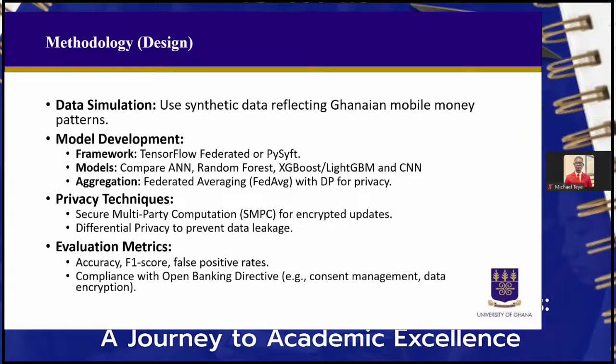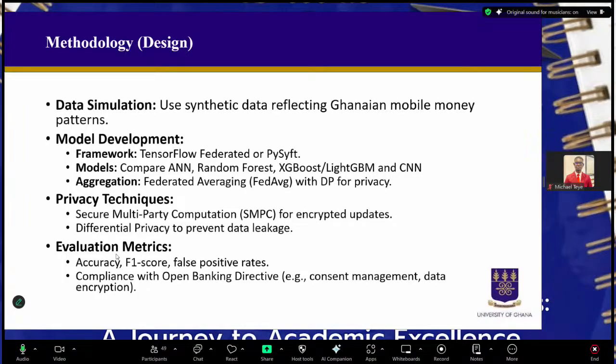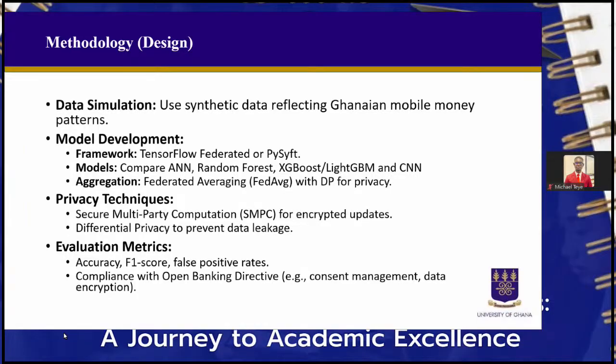And then with the aggregation, which will be done at the aggregation server, we are going to use federated averaging with differential privacy. Then with the privacy techniques, we are going to use secure multi-party computation for encrypted updates, then differential privacy to prevent data leakage. Then the evaluation metrics will be done using accuracy, F1 score, and false positive rates, also in compliance with the Bank of Ghana Open Banking Directive.